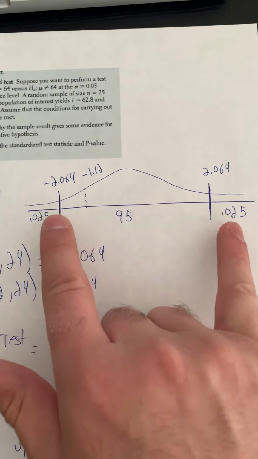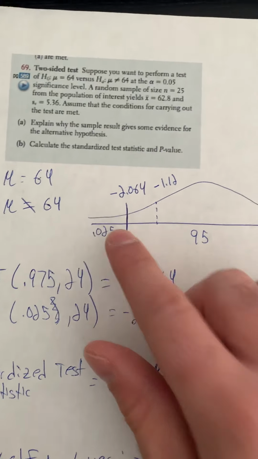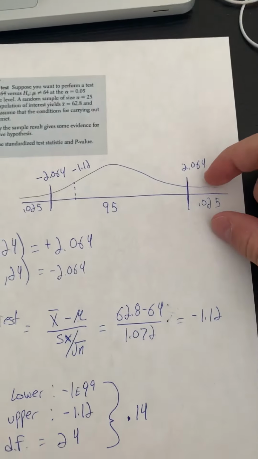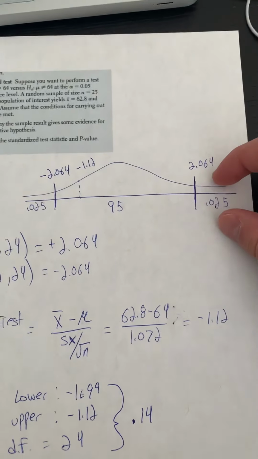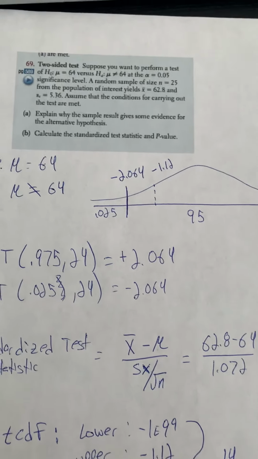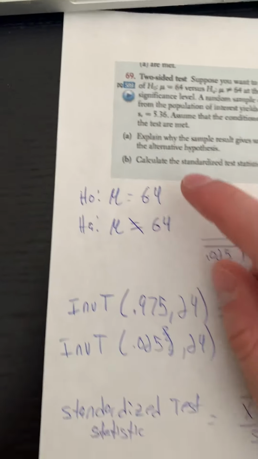So half of 5%, that's going to be 0.025 or 2.5% in the upper tail and 2.5% in the lower tail. Any test statistic that falls in the upper 2.5% of the sampling distribution or the lower 2.5% of the sampling distribution is going to result in us rejecting the null.